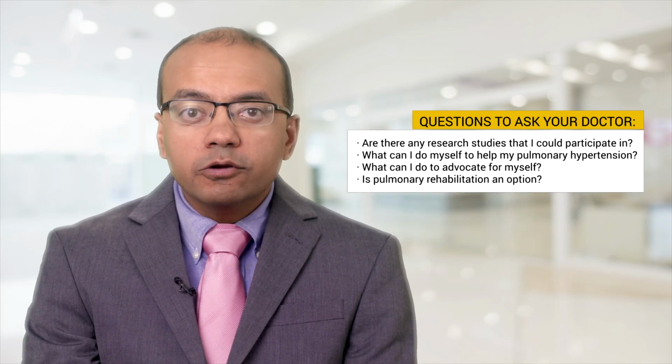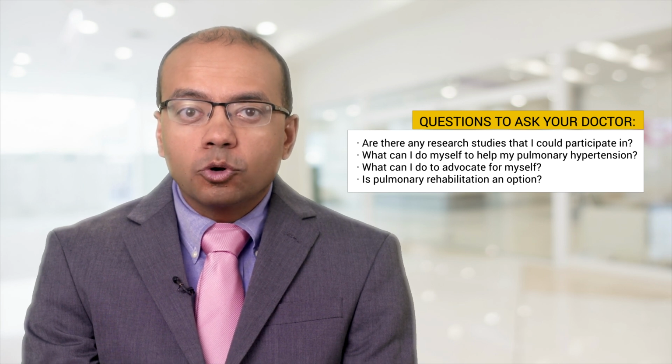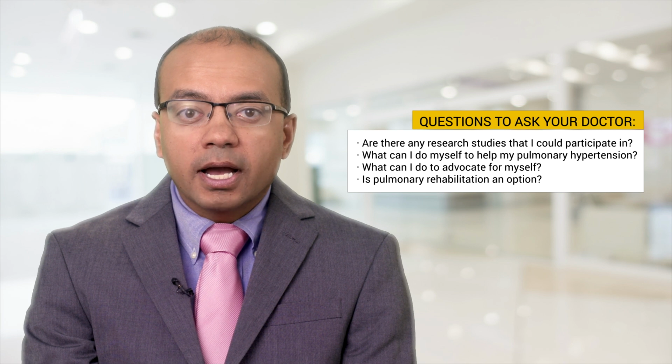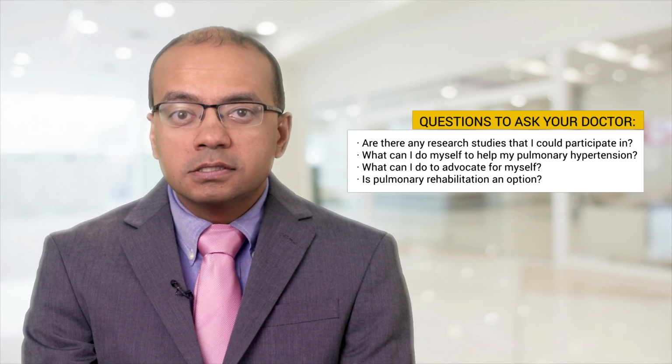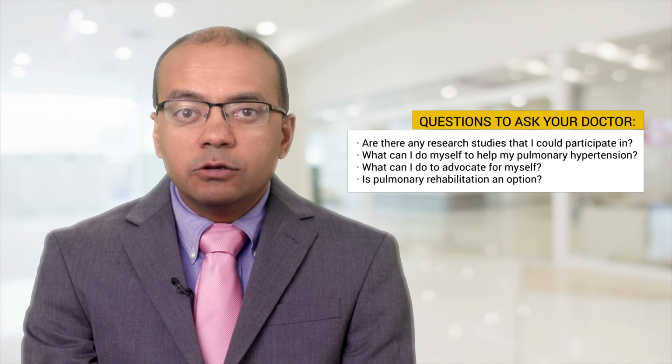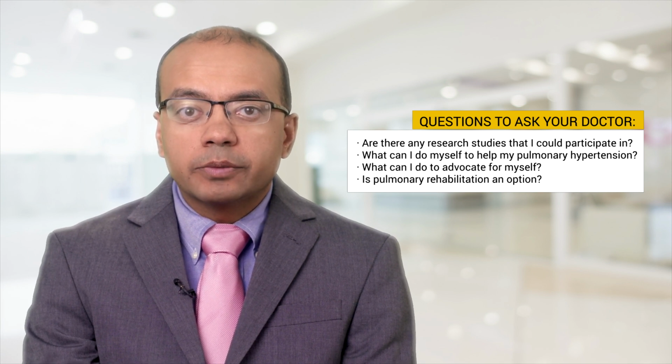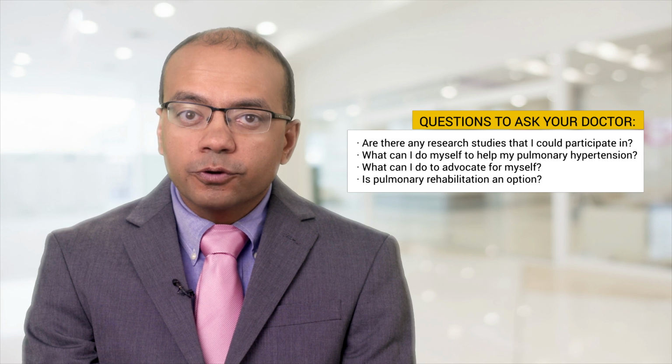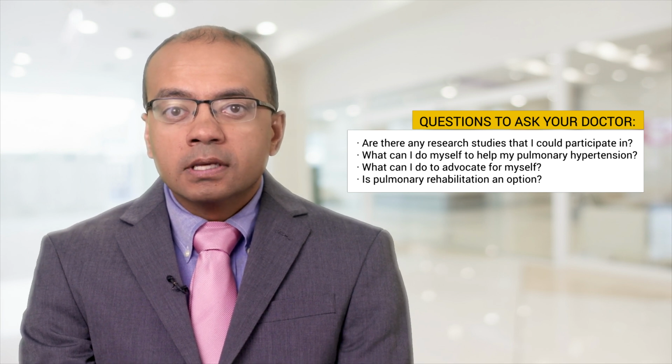And finally, what can you do as a patient to advocate for yourself for your own pulmonary hypertension? Inquiring about local support groups. Support groups are invaluable, identifying patients nearby who have shared experiences, who are living with pulmonary hypertension, and have gone through the evaluation and treatment process, may provide comfort and insight.